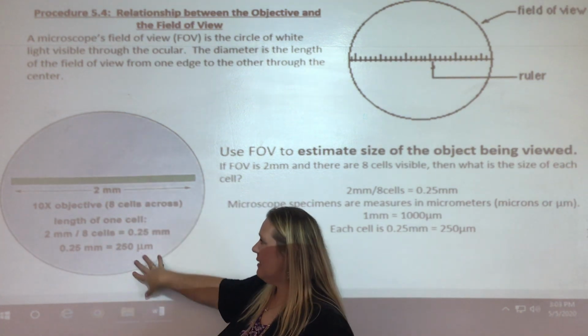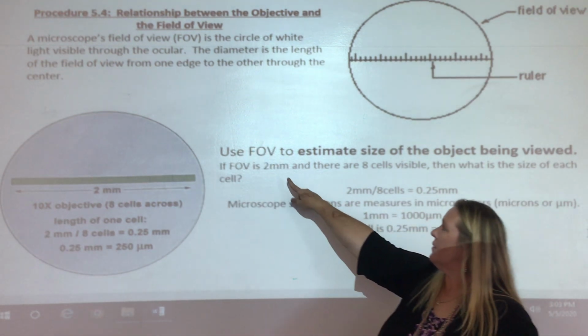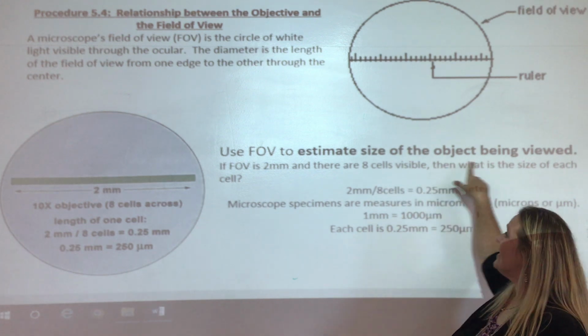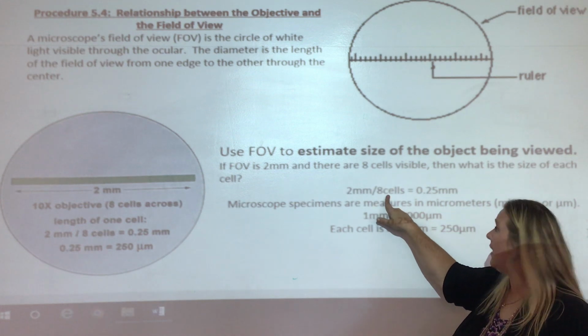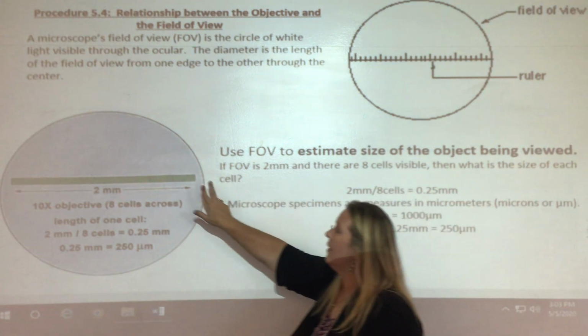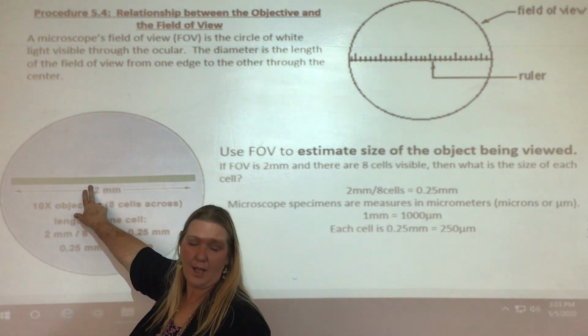Okay? So it's in this circle, but I also wrote it out right here. So if the field of view is 2 millimeters and there are 8 cells visible, what's the size of each cell? 2 millimeters and 8 of them fit, 0.25 millimeters. So each one, 0.25, okay?